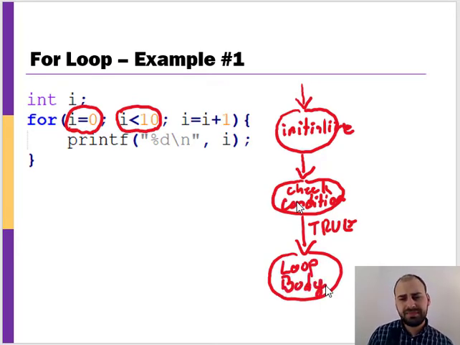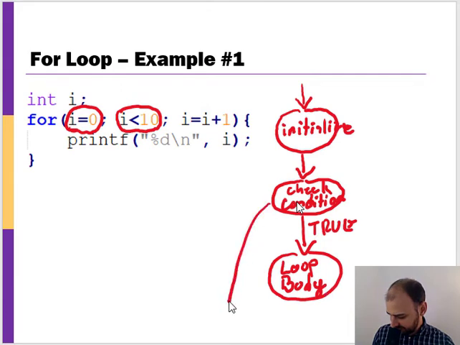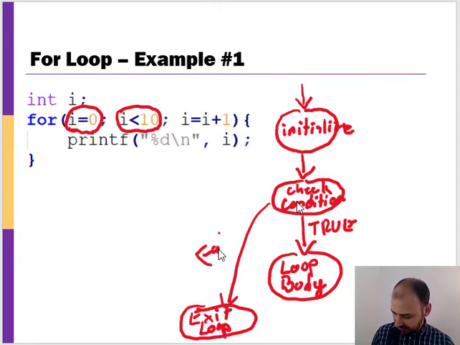And if it's false, we're actually going to leave the loop entirely. We're going to exit the loop if the condition is false.